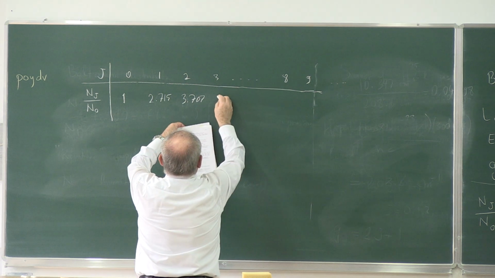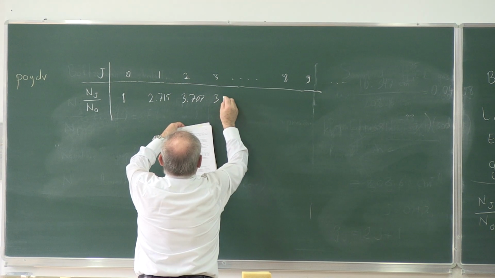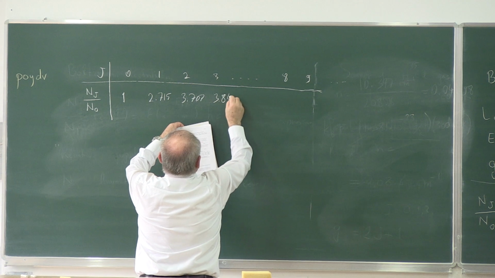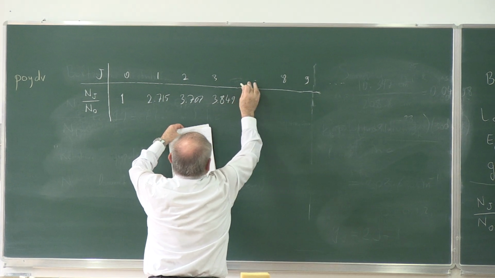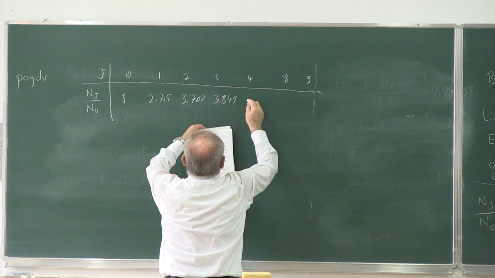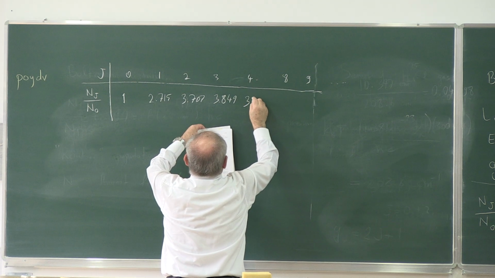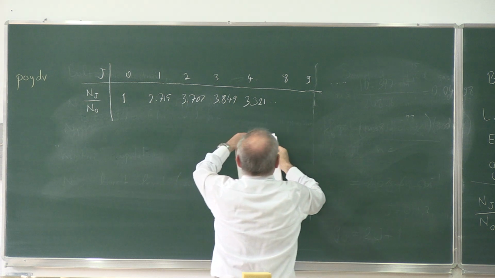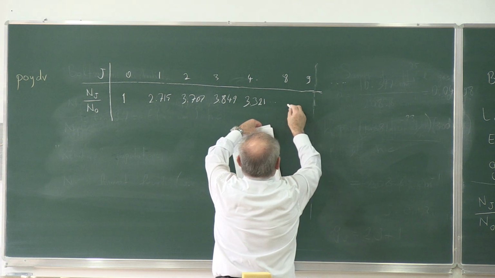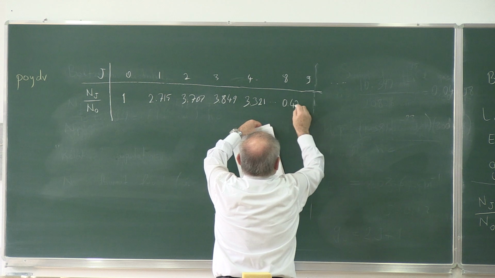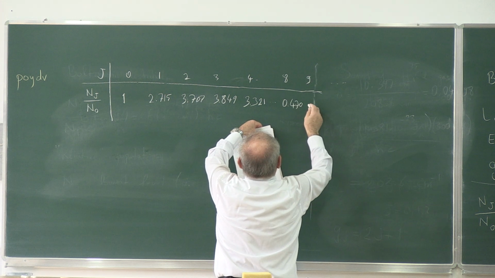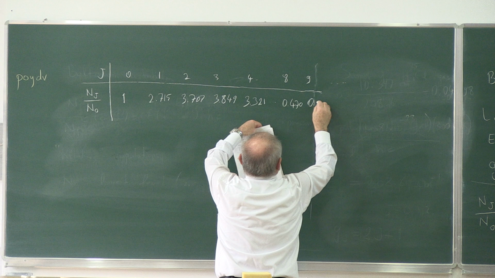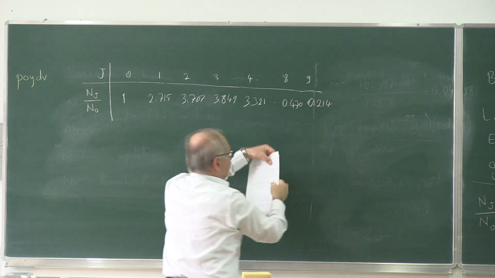For 3, 3.849. Let me include also 4 here: 3.321. For 8, 0.47, and for 9, 0.14.